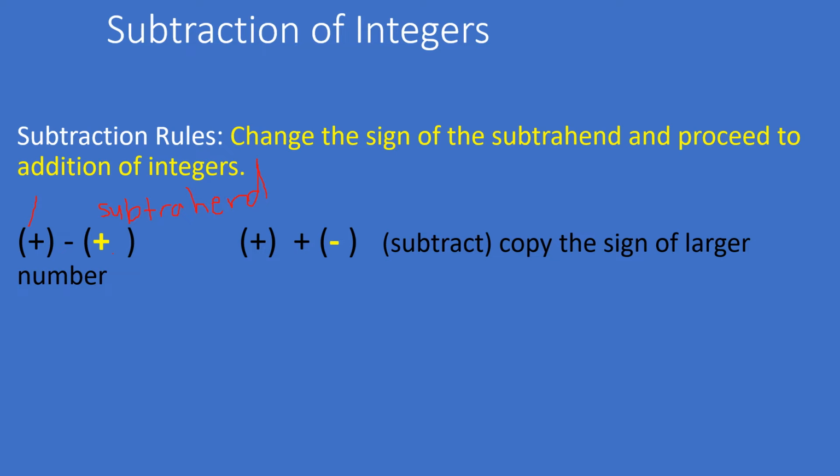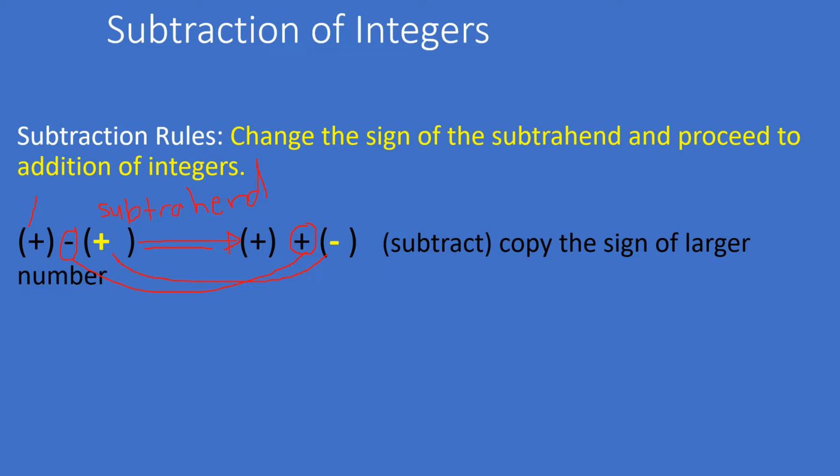Okay, so here first, we are going to rewrite. What you are going to do is just copy the first, and then change the sign of the subtrahend. If it's positive here, it becomes negative here. And then this operation becomes addition here.